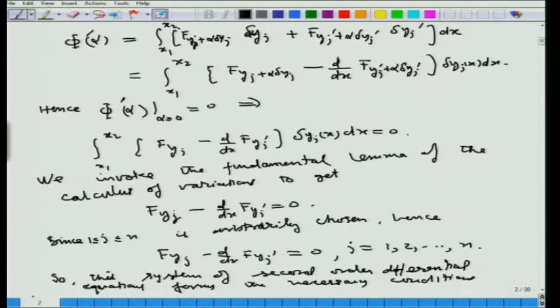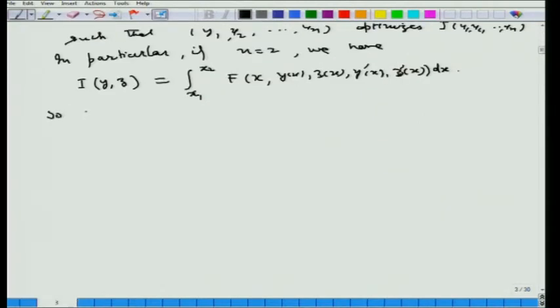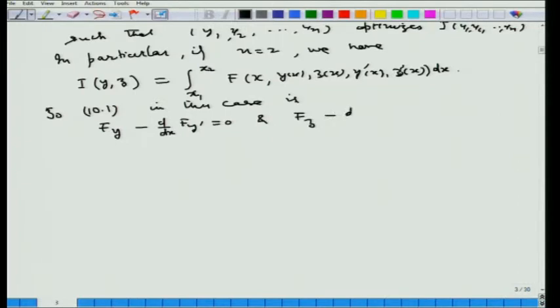Let us call this 10.1. So, 10.1 in this case is f_y minus d by dx of f_{y'} equal to 0 and f_z minus d by dx of f_{z'} equal to 0.